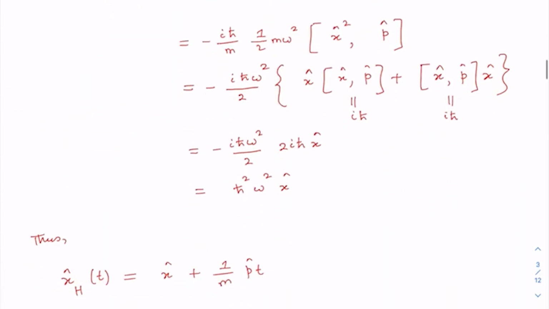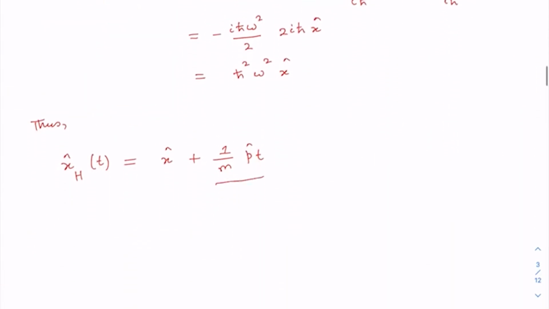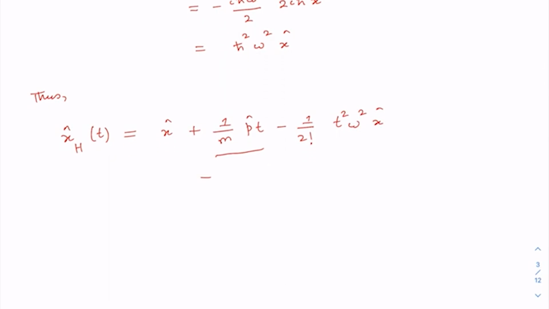So therefore you will get the second term as this one, and then you will have terms like 1 by 2 factorial t square omega square x, okay, and then you will have a term like, if you do it, you will get omega t cube by 3 factorial, 1 by m omega p cap, and if you go further you will get omega t to the power 4 by 4 factorial x cap, and so on.